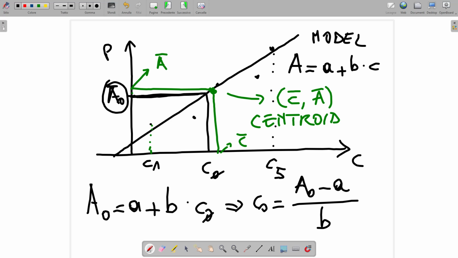So, in order to make that sum big, we want that C1 is as low as possible and C5 is as high as possible. Did I explain in a comprehensible way? Do you want me to repeat?